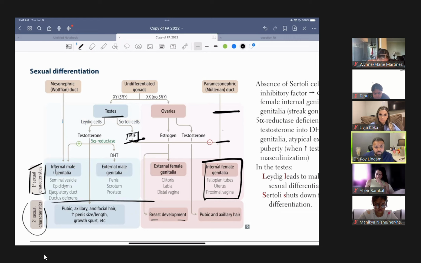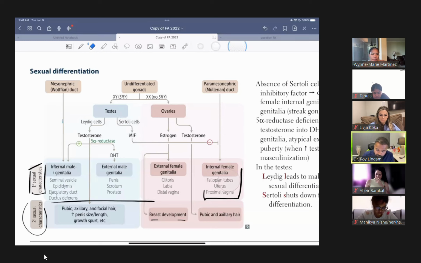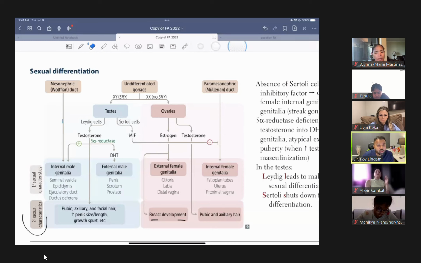If I don't inhibit the Mullerian duct, I would have proximal vagina, fallopian tube, and uterus. We don't want that. That's why anytime Sertoli cells come into play, they want to make sure they inhibit the Mullerian duct. In other words, males shouldn't have a Mullerian duct. Is that clear? All right. So that's the differentiation here. You see, folks, this chart can ask so many questions in development of organs.